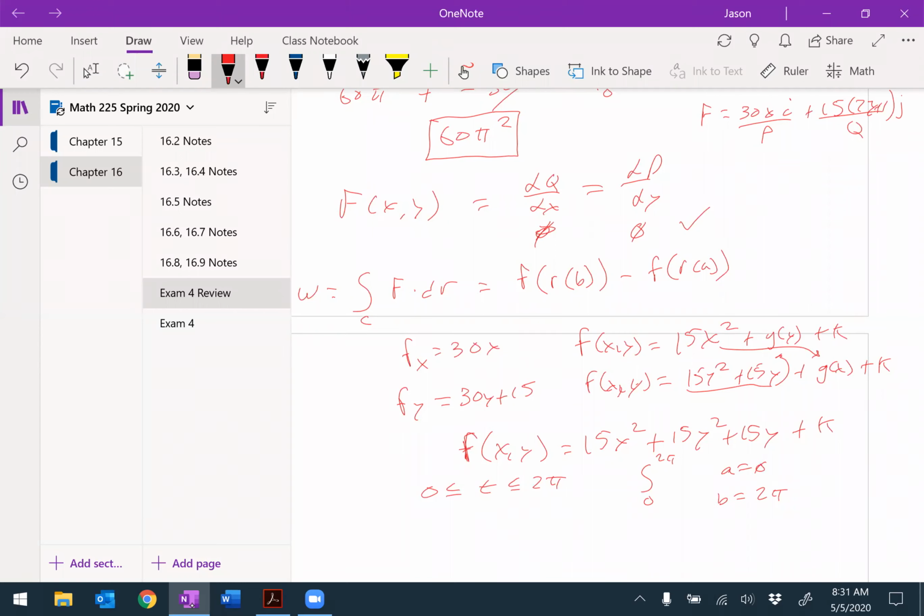So all I have to do is evaluate this thing at 0 and 2 pi.